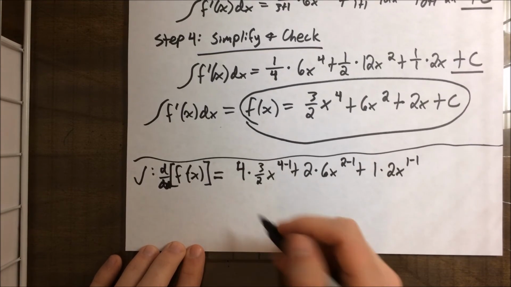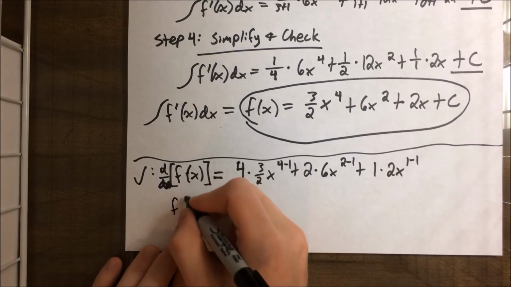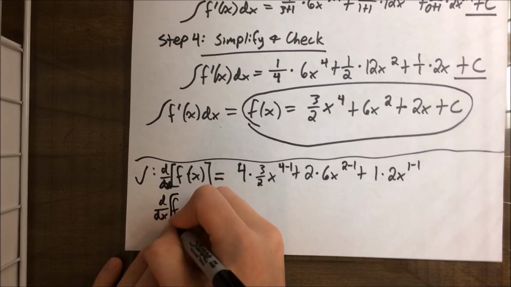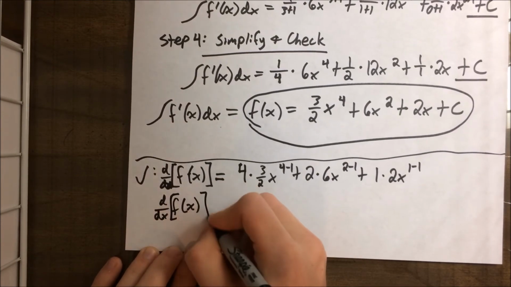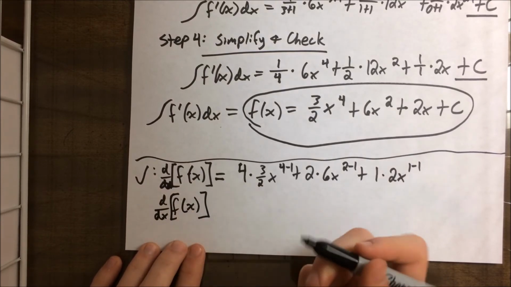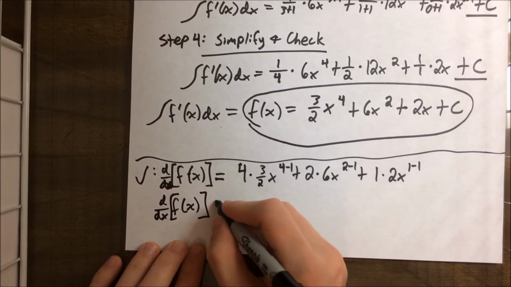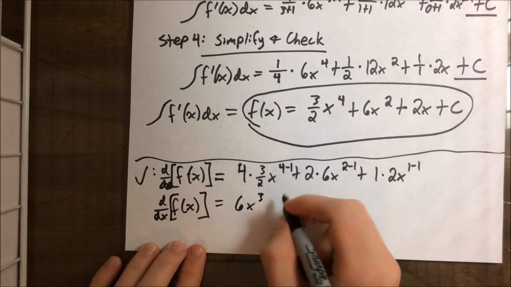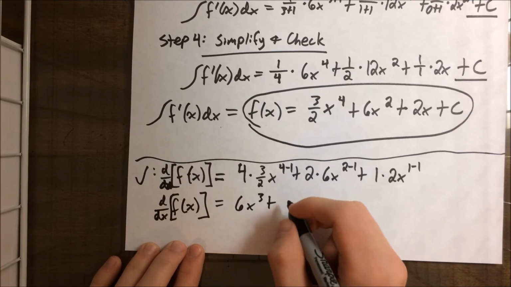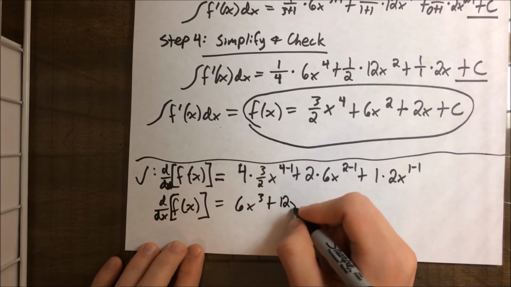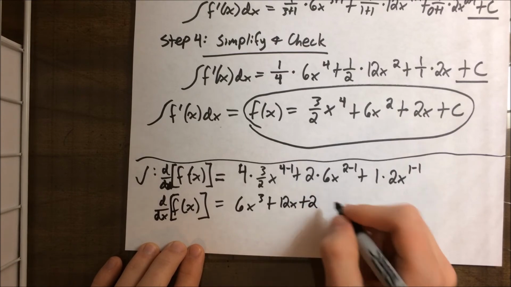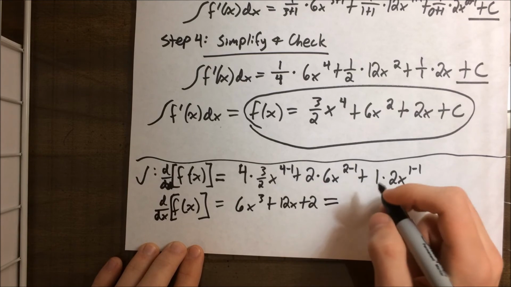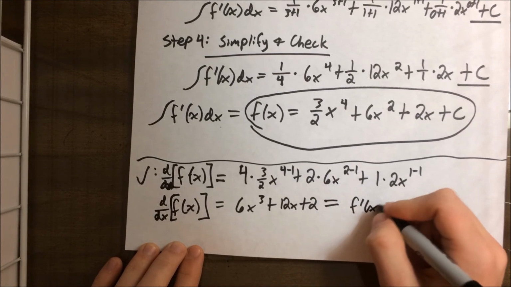Okay, so then that's equal to, I'm going to continue writing as d over dx so we can differentiate between f prime of x and the derivative of f of x when checking our work. So that's equal to 6x cubed plus 12x plus 2. And so then let's see if that's equal to f prime of x.